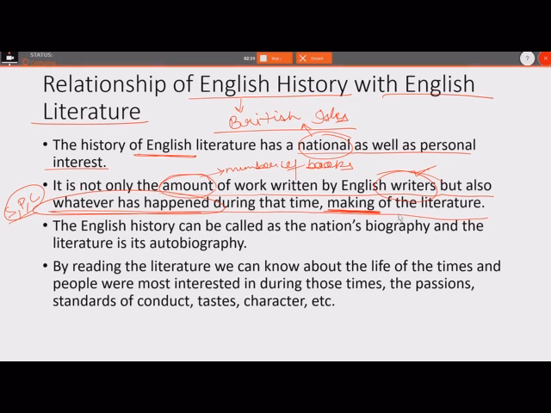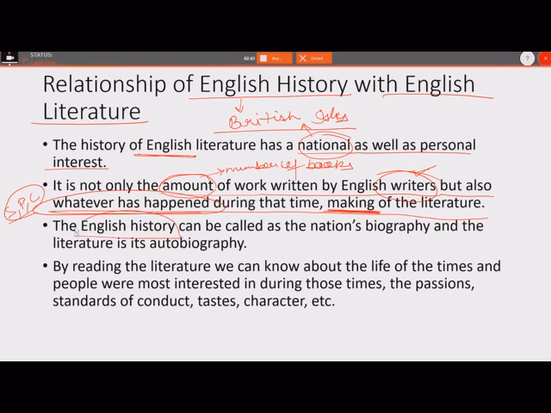All the schools of thought, all the movements of literature helped make the literature of the time.